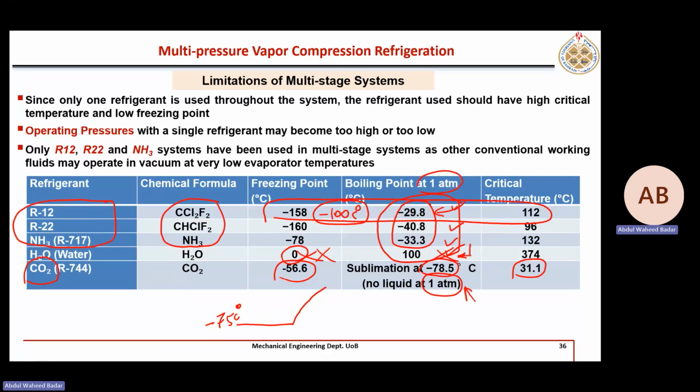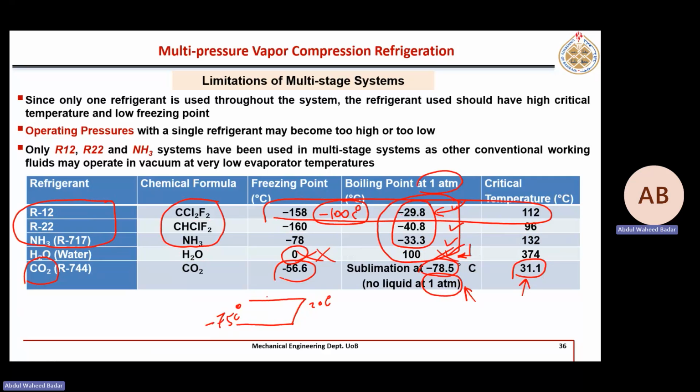So maybe I should go for -75 to, for example, 20. And at 20, it condenses. It can condense because it is below critical point of CO2.